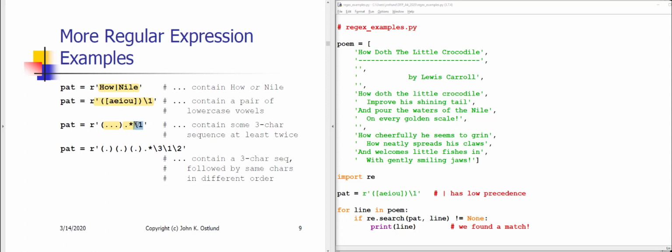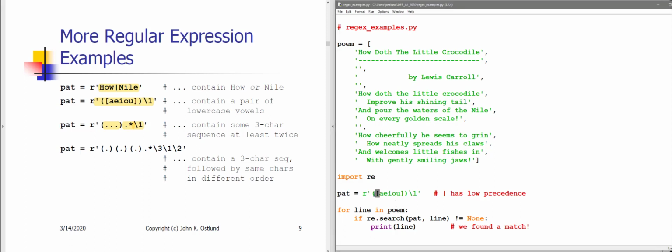And then \1 to indicate that I also require that same original pattern of 3 characters to occur again. So in other words, I'm looking for lines that contain 3 characters followed by anything, followed by those exact 3 same characters again. Let's see if we have any such matches here.